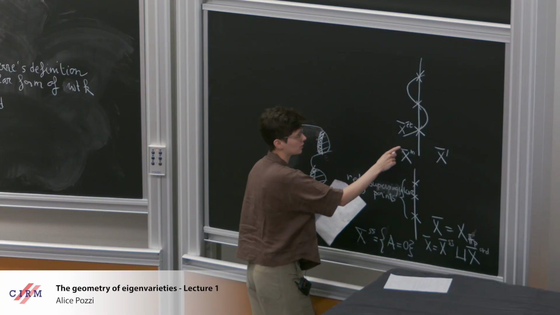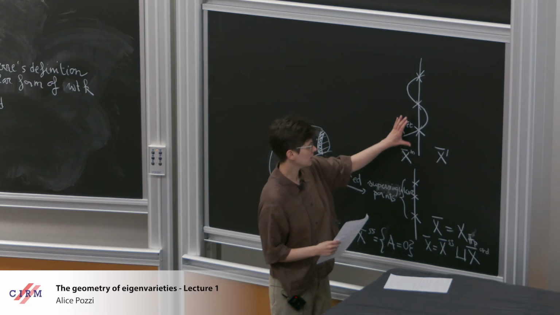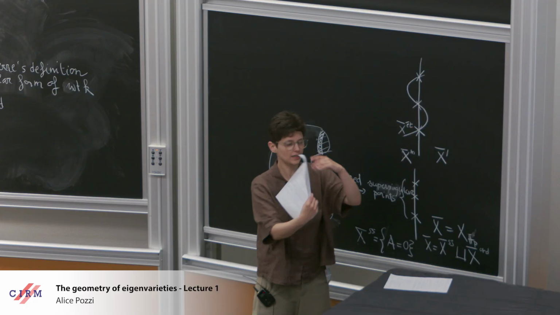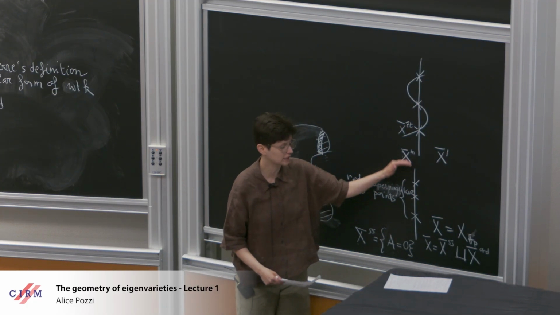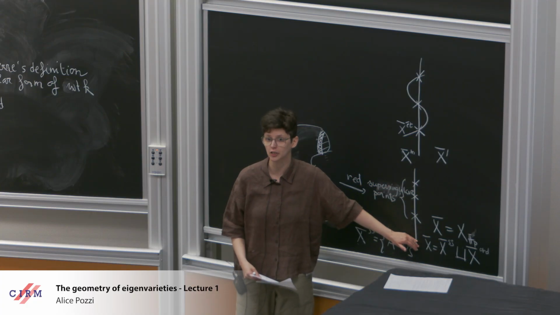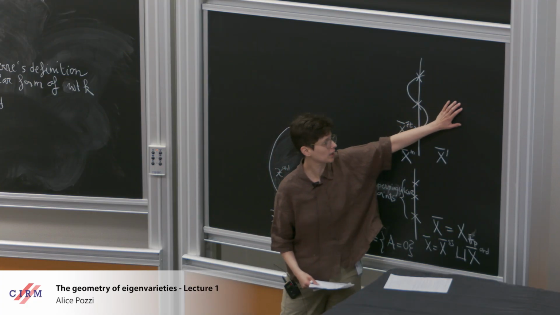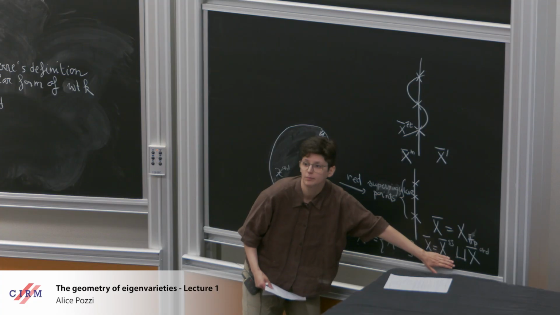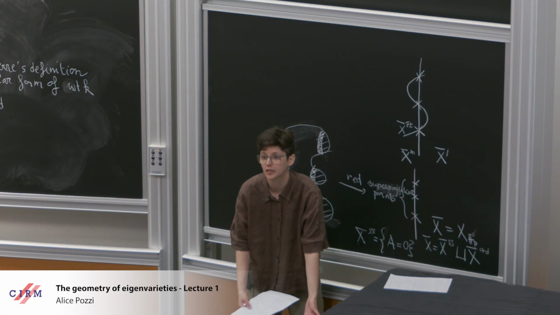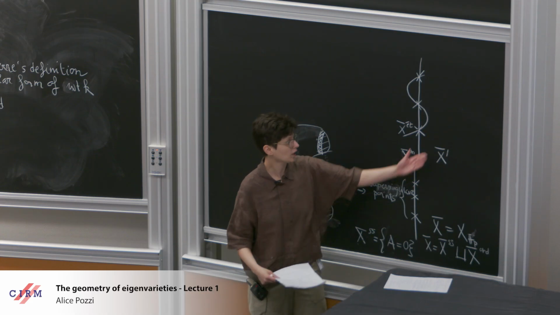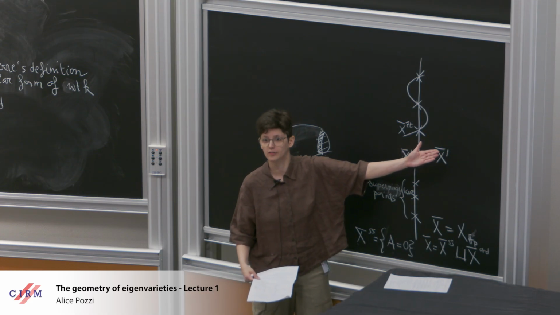Okay, so what do they correspond to? These two components, when you remove the supersingular points, are going to be the pre-image of the ordinary part. Remember that here we are parameterizing the same data as downstairs, plus the additional datum of a subgroup of E[p].